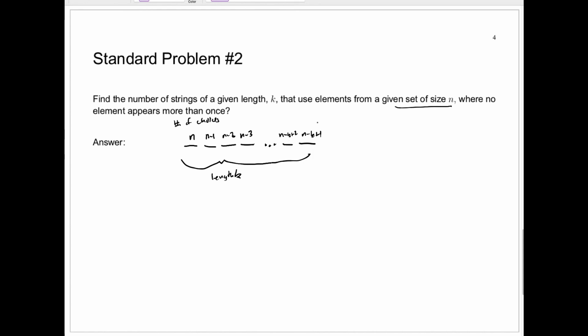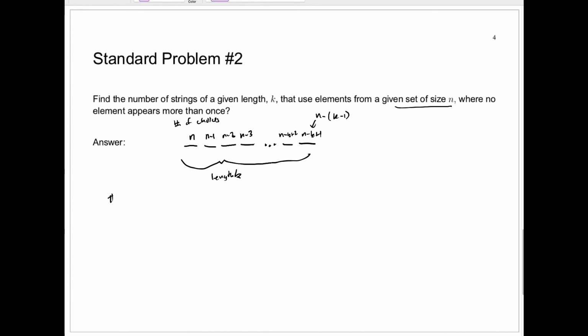You could also write this as n minus the quantity k minus 1, because there are k minus 1 spaces ahead of you, and you can't match any of those letters. And of course, n minus the quantity k minus 1 is the same as n minus k plus 1.